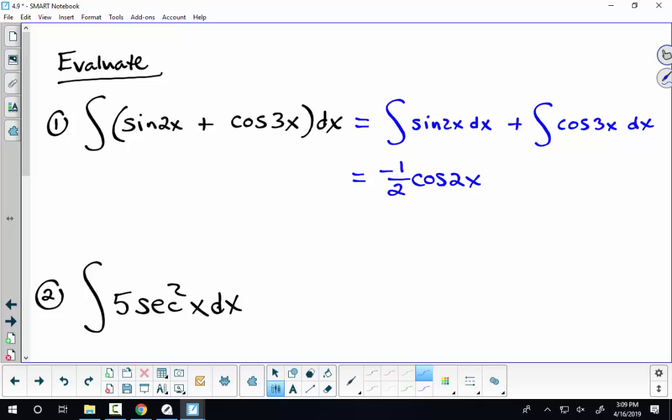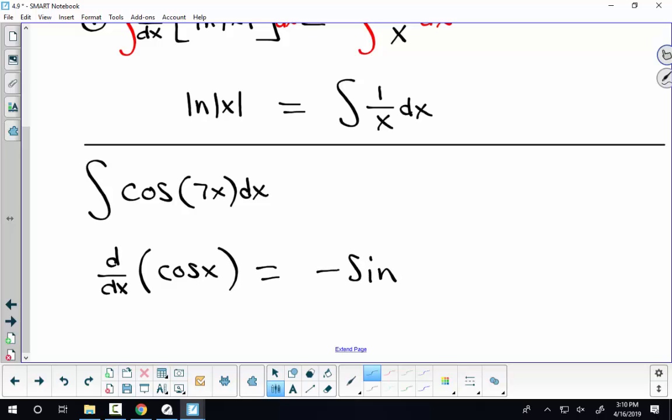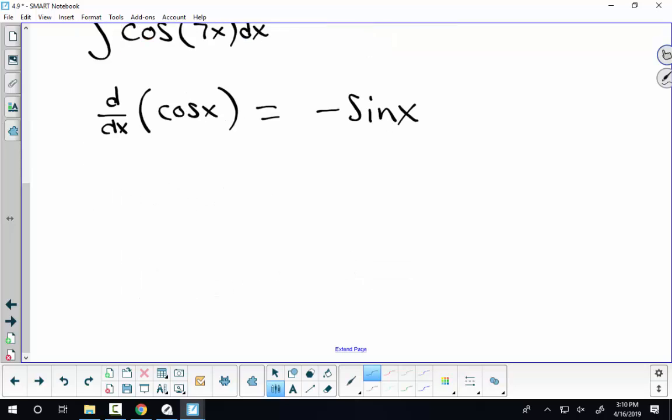So the antiderivative of sine is cosine. Sorry, negative cosine. The derivative of sine is cosine. So you have that negative that's not there with the derivative. So let me back up and say that if we know the derivative of cosine is negative sine, then what we know is the antiderivative of negative sine is cosine.